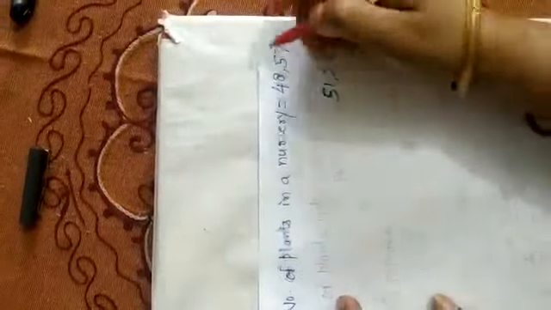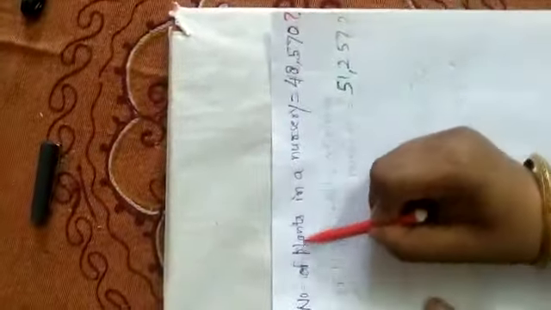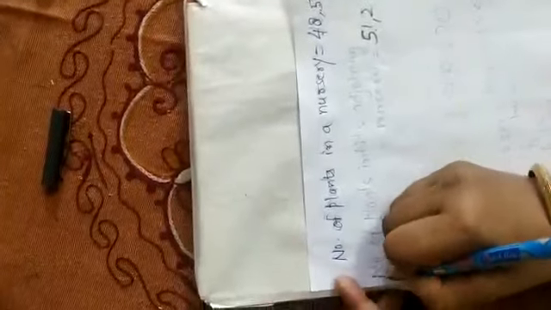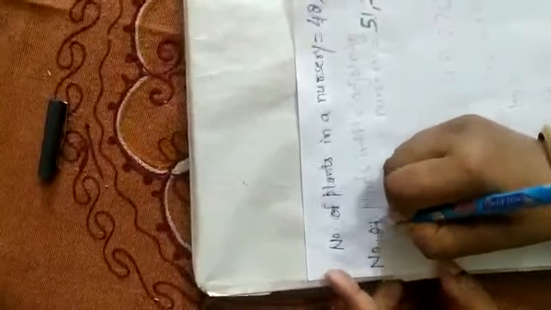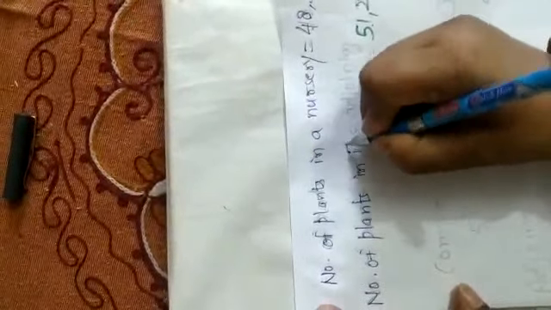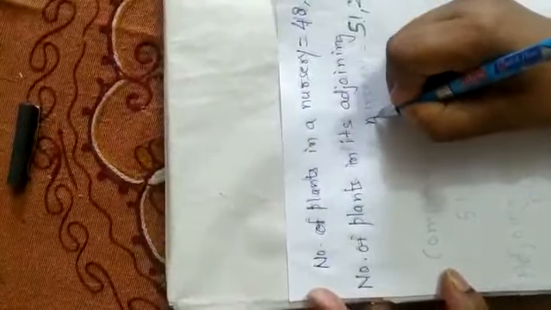And 48,570, what is it? So 48,570 is the number of plants in a nursery, and this 51,257 is the number of plants in its adjoining nursery.